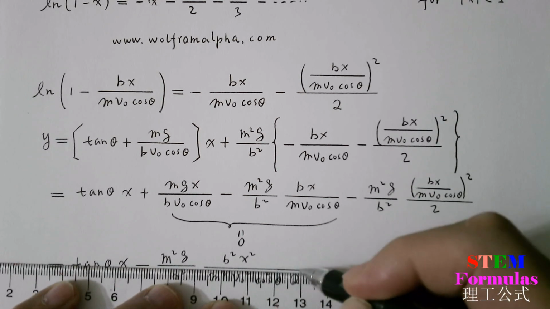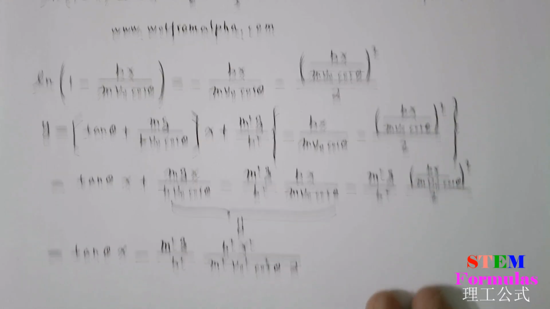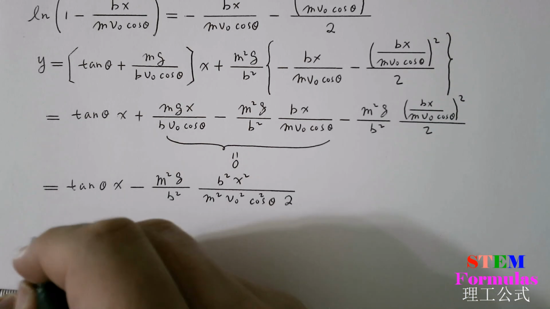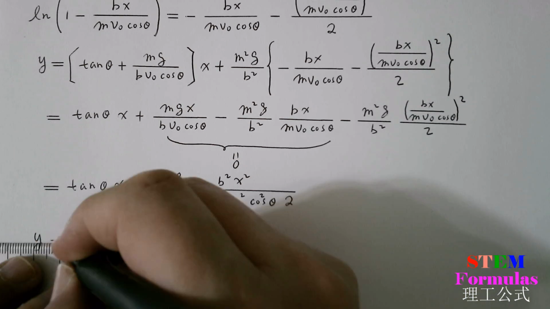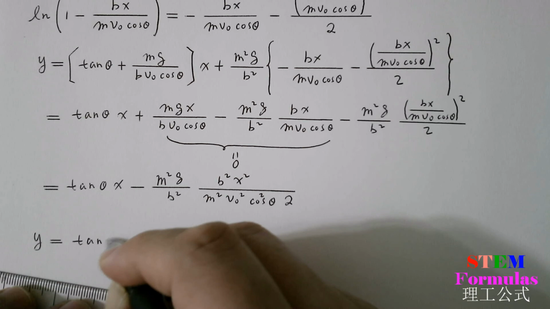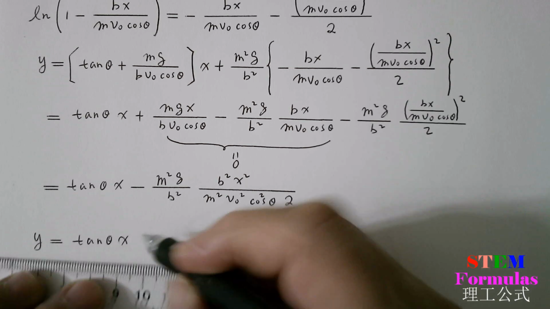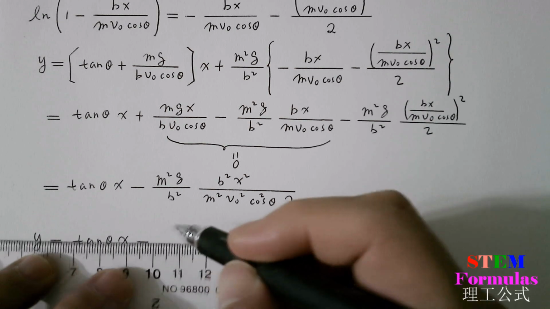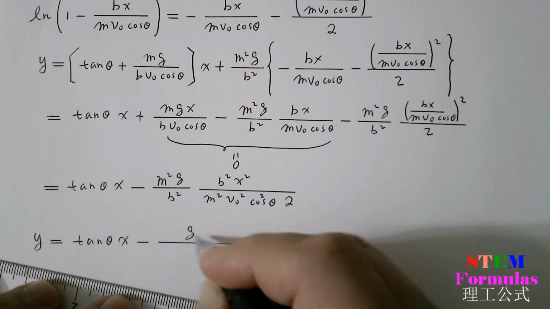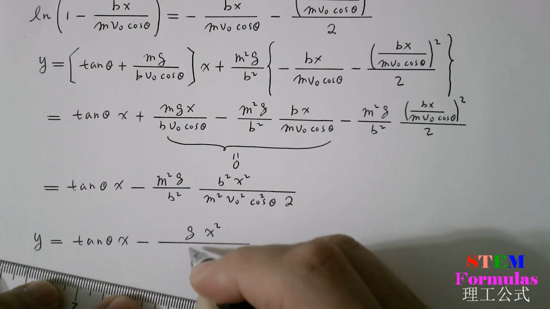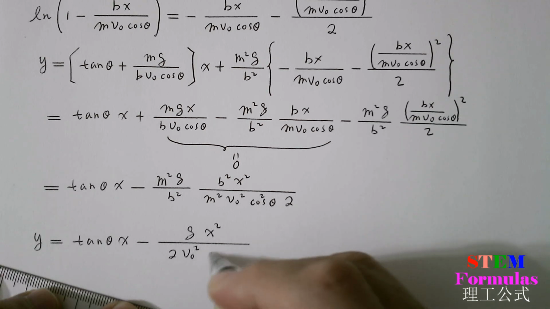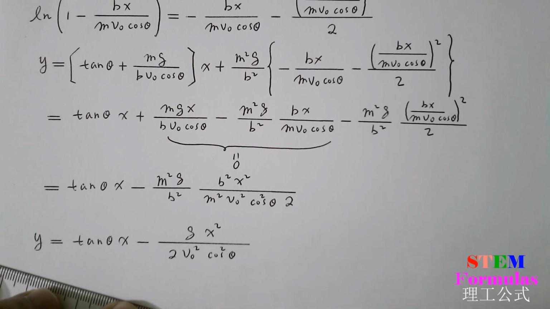And we can simplify as the following. This one we can simplify again. So we obtain y equal tangent theta x minus g x squared divided by 2 v0 square cosine theta square.